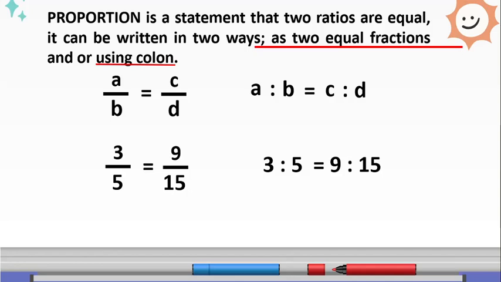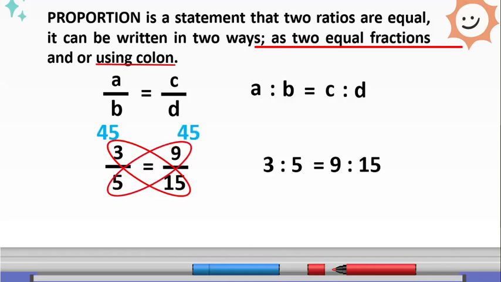So in fraction form dito, we can use the butterfly method or the cross multiplication method. 3 times 15, or what we call the extremes, and then 5 times 9, or what we call the means. Let's just multiply. 3 times 15 is equal to 45. 5 times 9 is equal to 45.